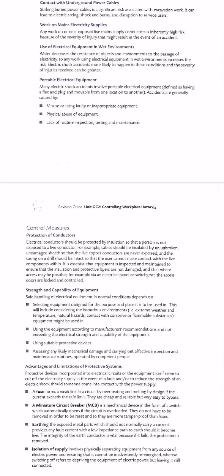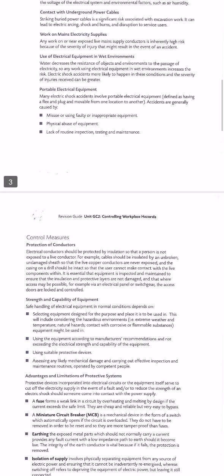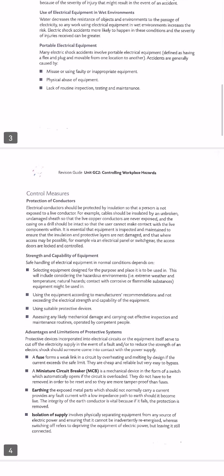So what are the control measures? We're talking about strength, capacity and capability of this equipment, right? Then we're talking about selecting equipment designed for the purpose and place where it is to be used. This use will also be considered in terms of hazardous environment, temperature and natural hazard, and contact with corrosive or flammable substances.